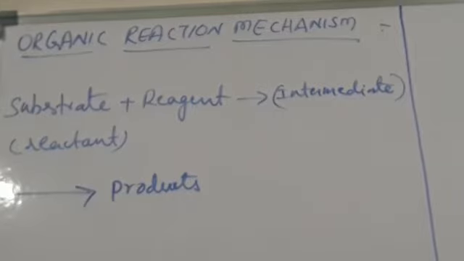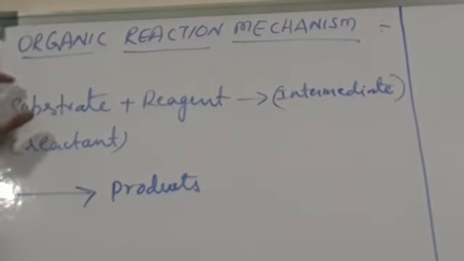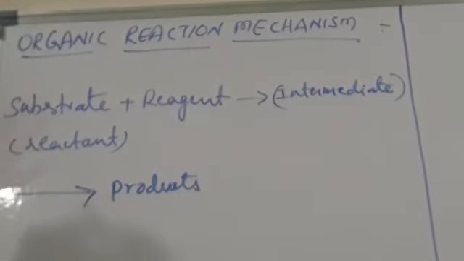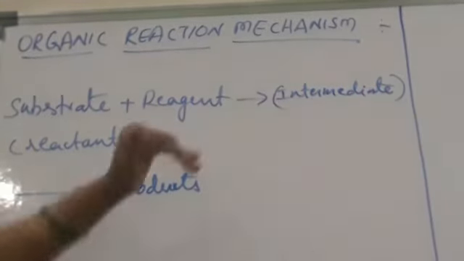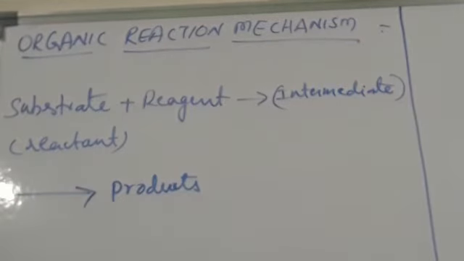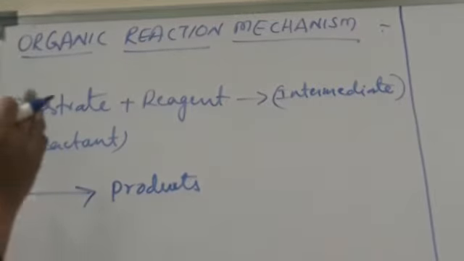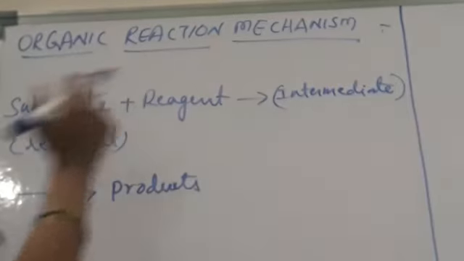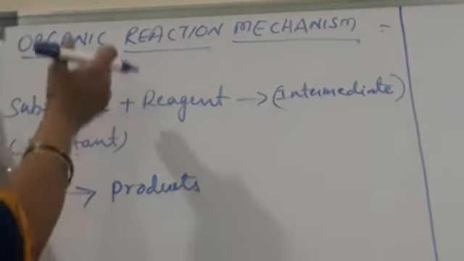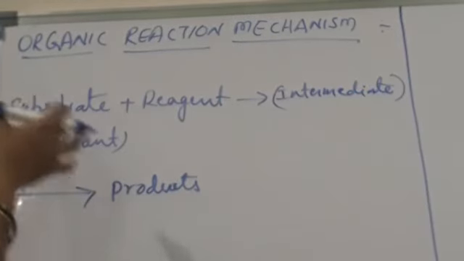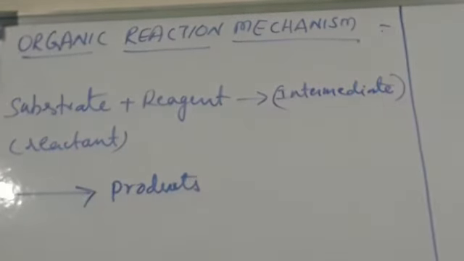And the substrate, which is the reactant, gives carbon for the new bond formation to form the product. The formation of new bonds takes place due to the cleavage of older bonds present in the substrate.